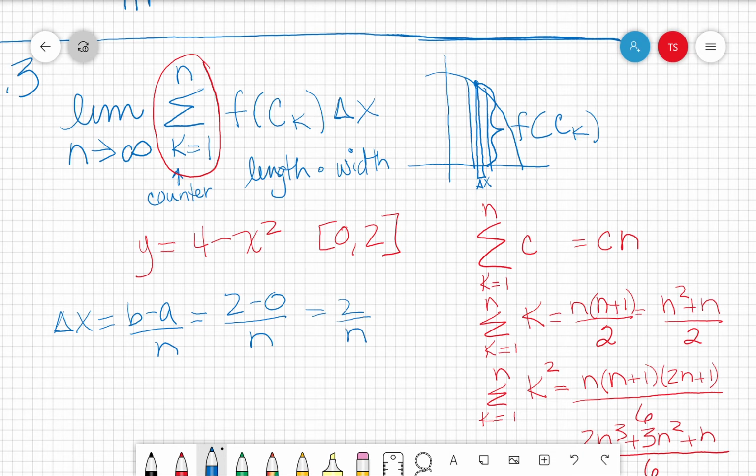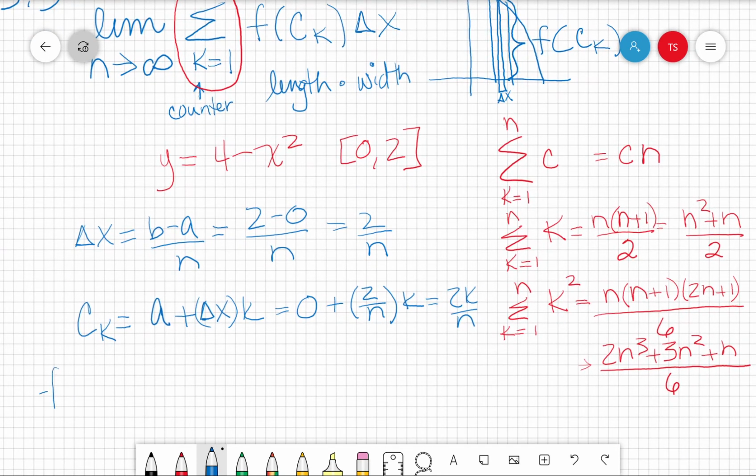And then our c sub k, we're going to start with our left endpoint, a, and add change in x times k. In this case, that will be 0 plus 2 over n times k. So 2k over n is going to be our c sub k.